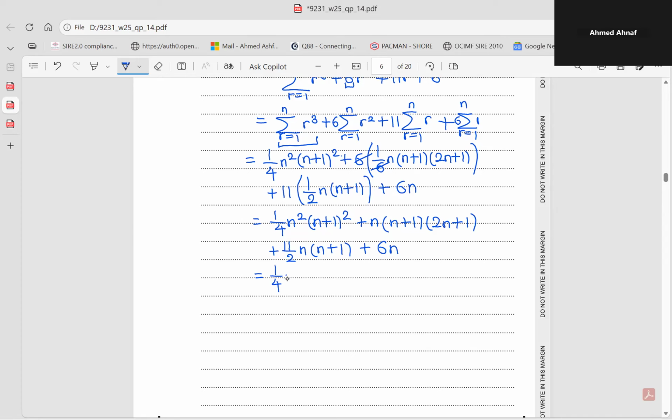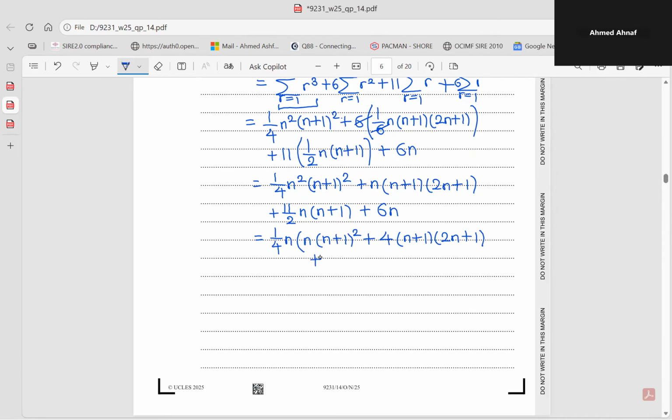So 1 over 4n. For the first term, it is n times n plus 1 squared, the n is gone, so 1 over 4 gives 4 times n plus 1 times 2n.